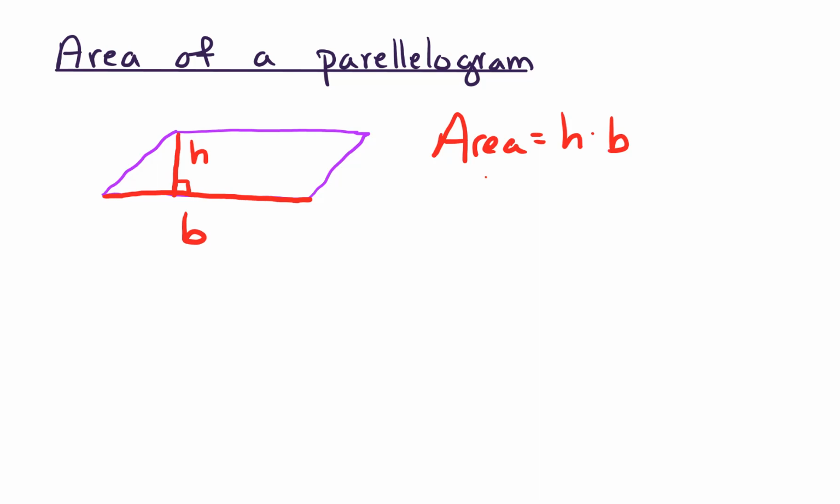Now let's look at the same picture but through the lens of vectors and connect this to the cross product. Okay, along the bottom edge, what was our base, I'm going to call this a vector.